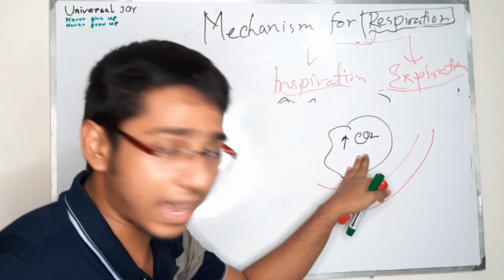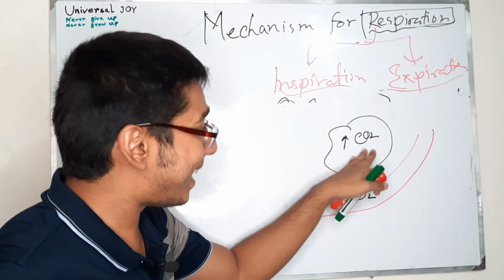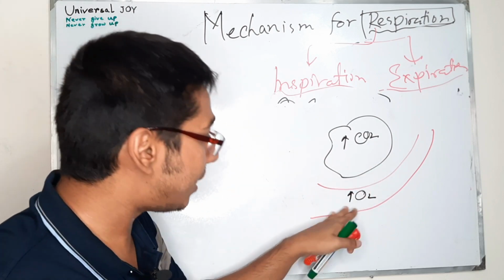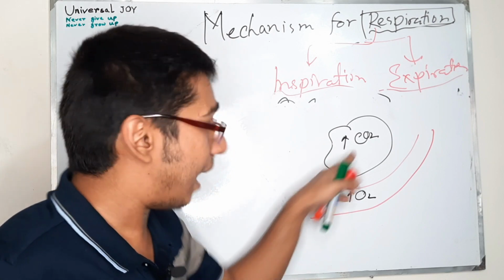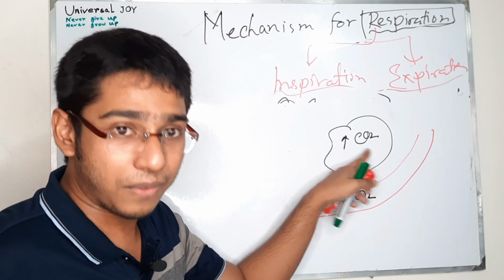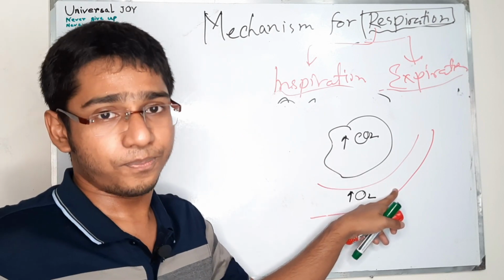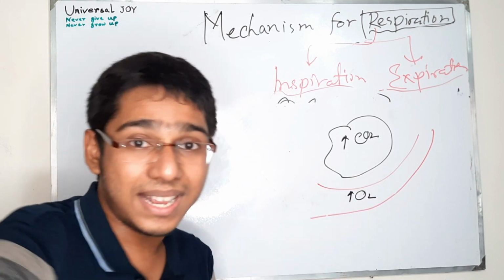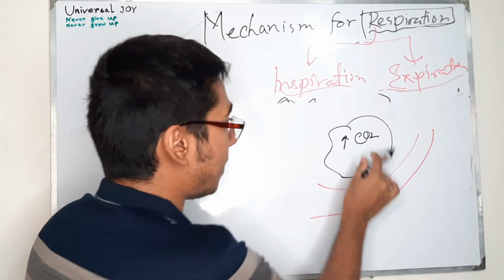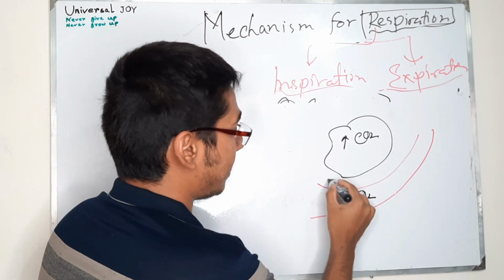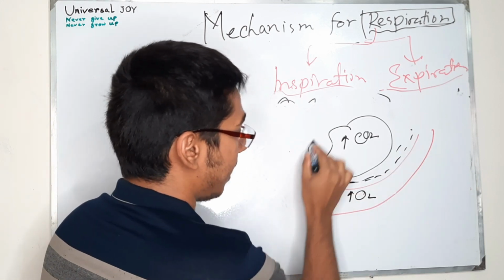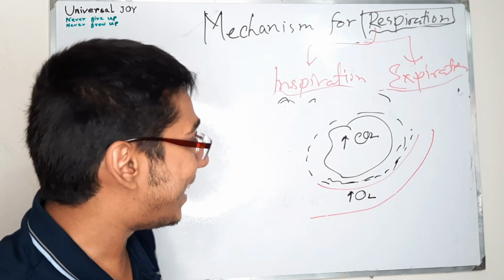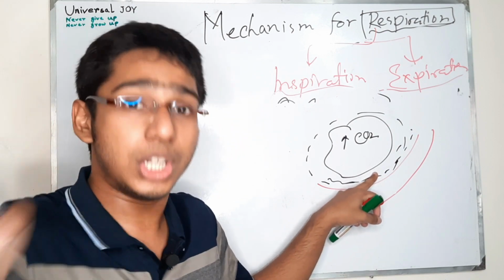But this cell is badly in need of oxygen, so it will take the oxygen from the blood vessel and throw this carbon dioxide from the cell into the blood vessel. Now this exchange is taking place at a cellular level. And in between the cell and blood vessel, there is definitely interstitial fluid, in the interstitial medium or interstitial space.